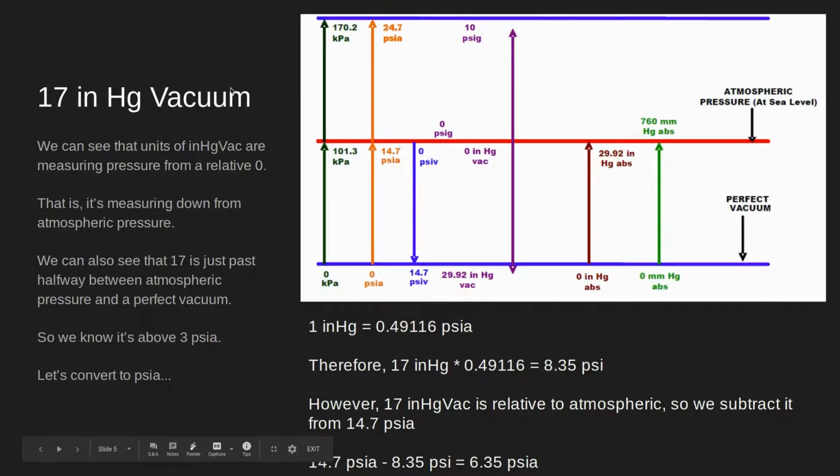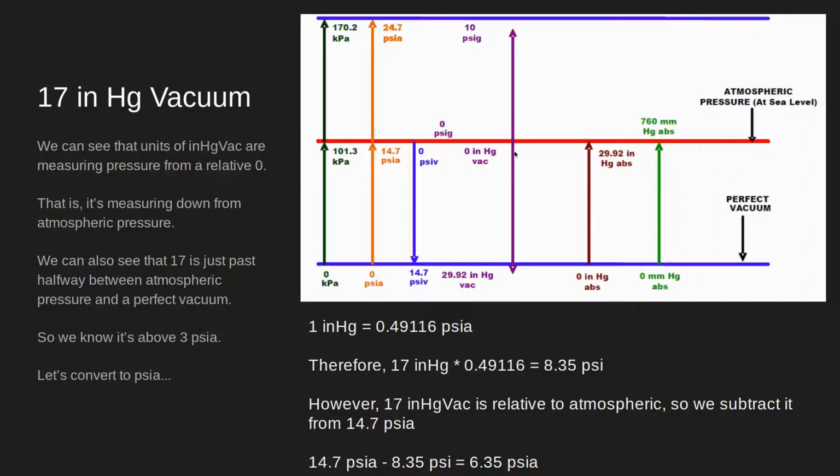17 inches mercury vacuum. The next one on the list is the toughest one because it is talking about distance from the relative zero of atmospheric pressure. See this purple vertical line in the middle here? Where it crosses this red line, that would be 0 inches of mercury vacuum.